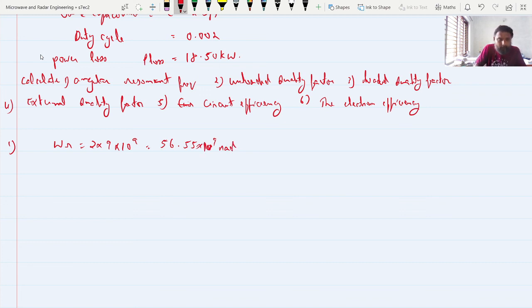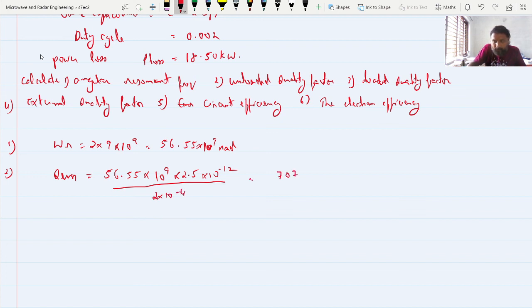The second one is the unloaded quality factor, QN. You write the equation directly from the above equation that I had derived, divided by all the values, direct substitution only.